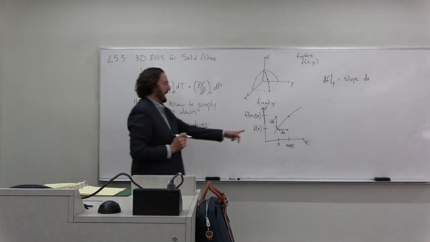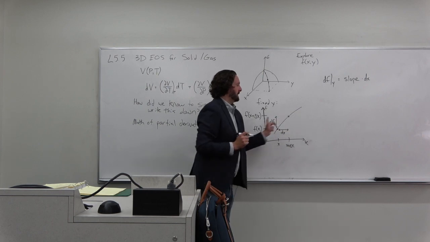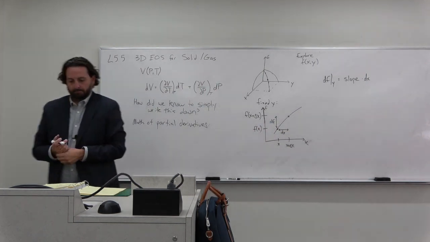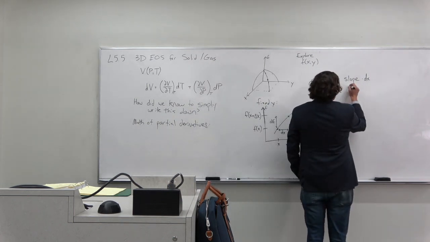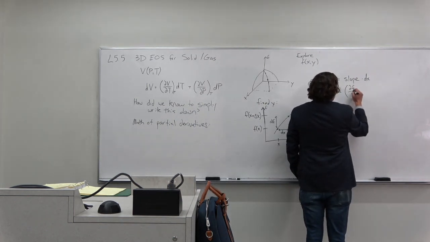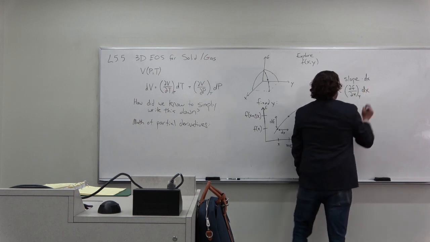So if I want to know df, I'm saying what's the slope, df dx, and from multiplying that slope by dx, I can get df. Or another way to write that is simply partial f, partial x, evaluated at y, dx.